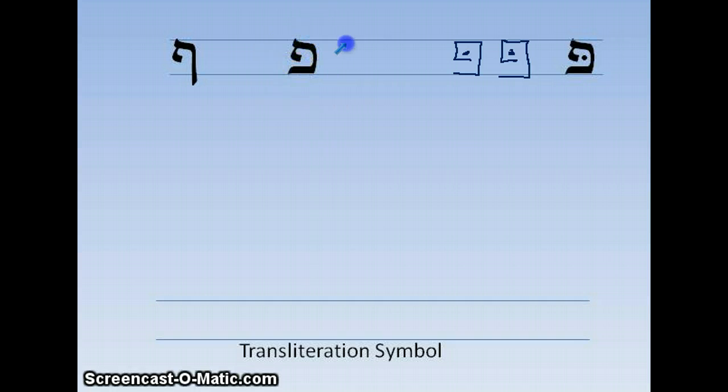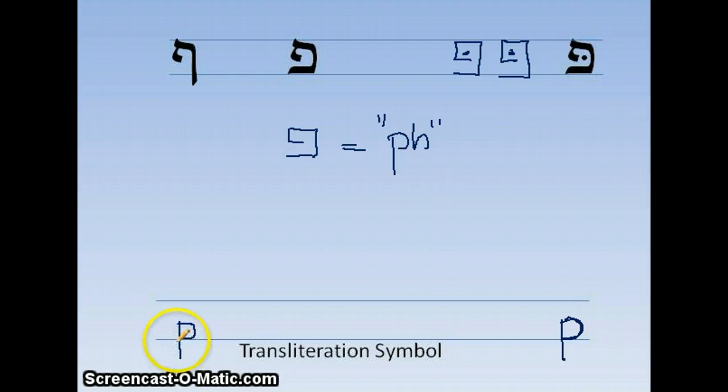And when it appears without the dagesh, it makes a different sound. So with the dagesh, it's going to make a hard P sound. Without the dagesh, if we just do the form here, then it's going to make more of an F sound or a PH sound, let's say. An F. And we draw it still using the P, but this time, like the other weak dagesh letters, we put a line underneath it.